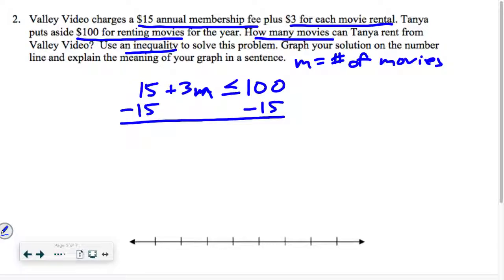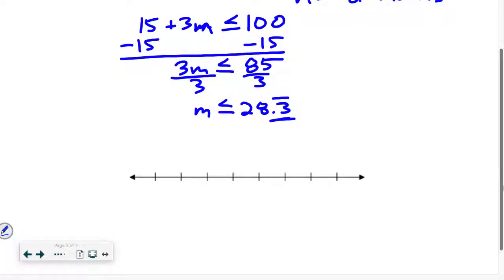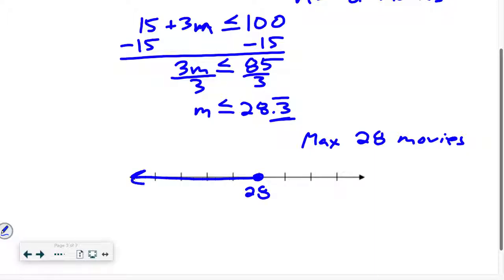So I'm going to subtract 15 from both sides. 3m has to be less than or equal to 85. Then I can divide both sides by 3. And m is going to be less than or equal to 28.3 repeated. And again, it is not realistic to say I can rent a third of a movie. So, real life answer, the maximum is 28 movies. On a number line, I'm going to have 28 with a closed circle drawn to the left.